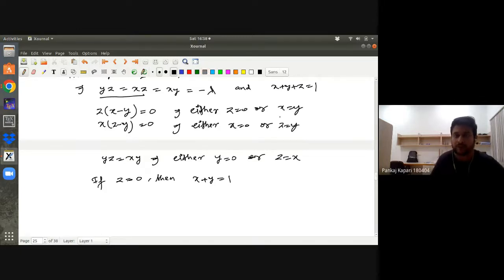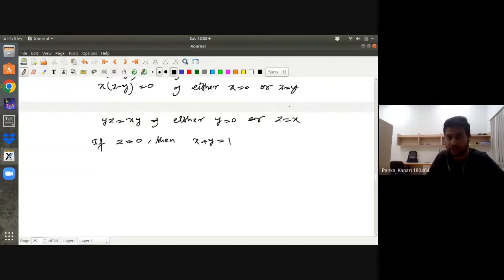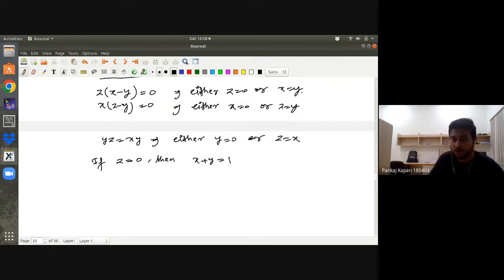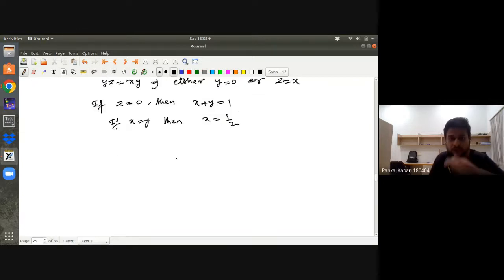And again, if x is equal to y, then what will happen? There are two cases, either x is equal to y or x is not equal to y. If they are not equal, then we just ignore them. But when x is equal to y, then we have x is equal to half. So from here we get the point half comma half comma 0. So this can be one of the critical points.